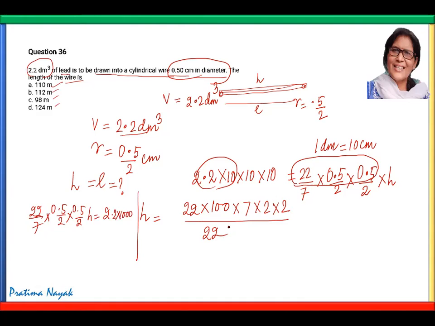So h is equal to 22 into 0.5 into 0.5. So 22 cancels. So how much will it be? It will be 0.25 centimeter. Now 0.25 divided by 100. So I can write this will be 400.